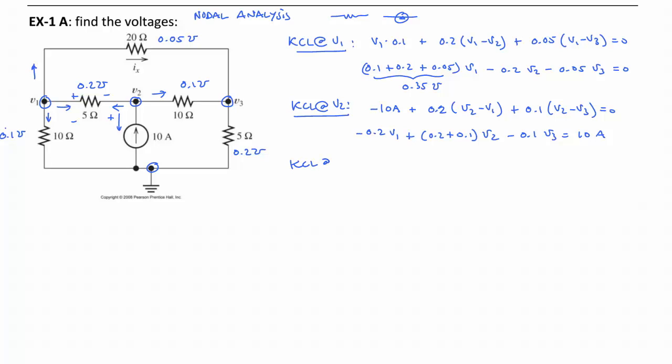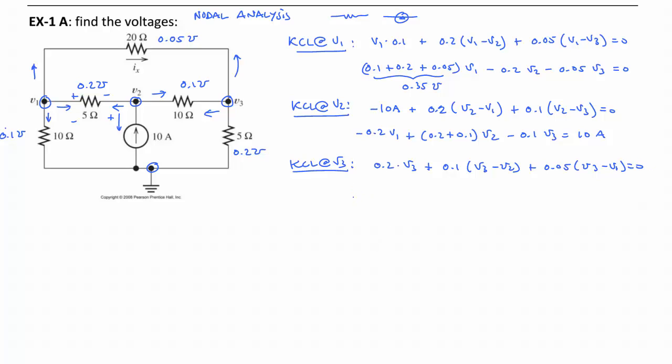Lastly, node 3, we will have 0.2 times V3 minus 0 plus 0.1 times V3 minus V2, that's the current going to the left through the 10 ohms, and then finally the current flowing up being 0.05 times V3 minus V1, and all of that equal to 0.